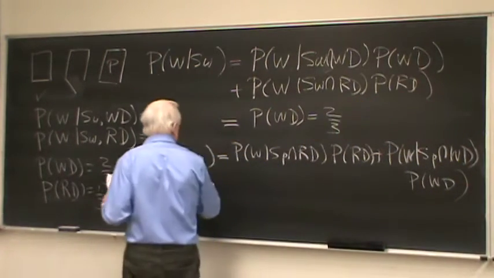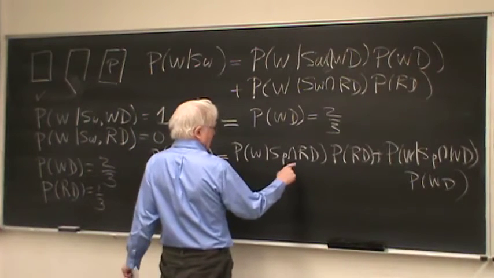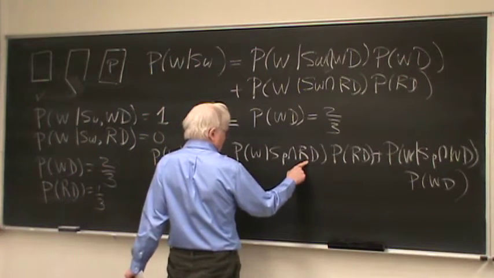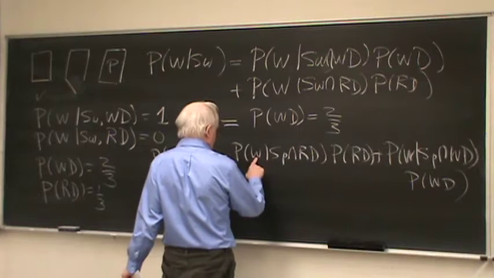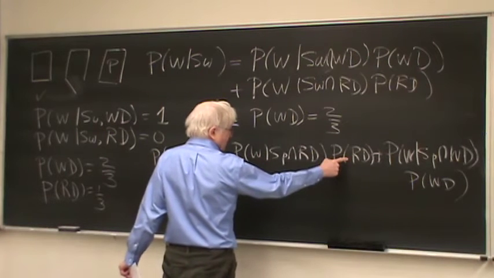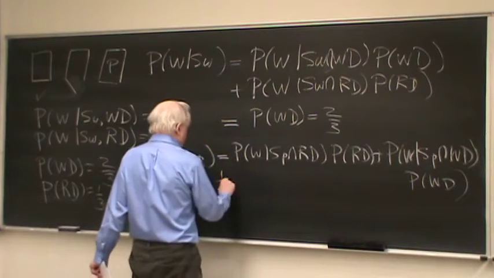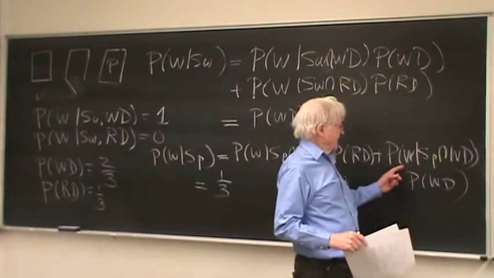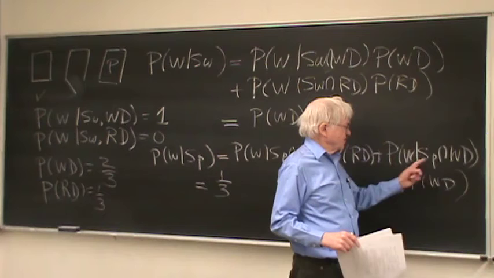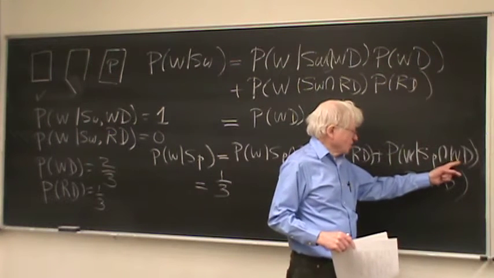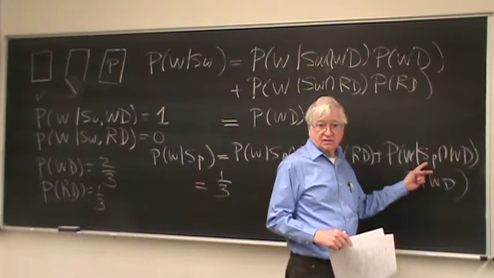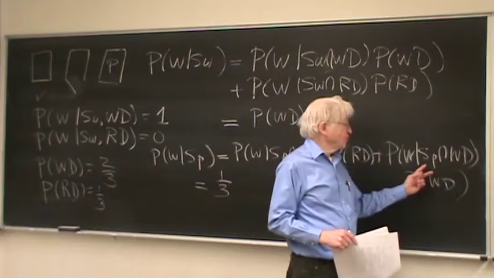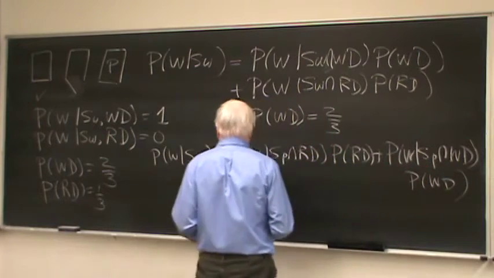Okay, so what's this? The probability of winning, given that you picked the right door and stayed put, is 1, times the probability of the right door, which is just 1/3. Now over here, the probability of winning, given that you picked the wrong door and stayed put, is 0.